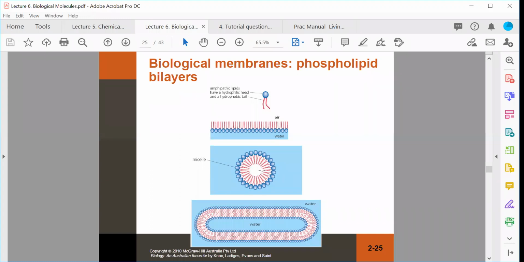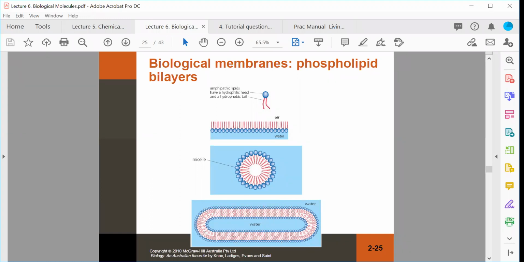Now let's look at biological membranes. So remember we said that animals are made up of cells, plants are made up of cells, and all those cells are surrounded by a biological membrane. And those biological membranes just happen to be made up of 2 layers of these phospholipids.